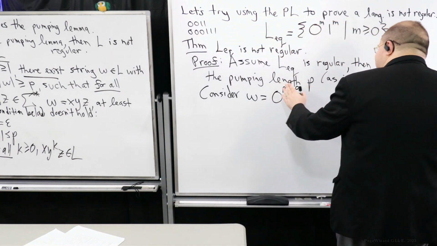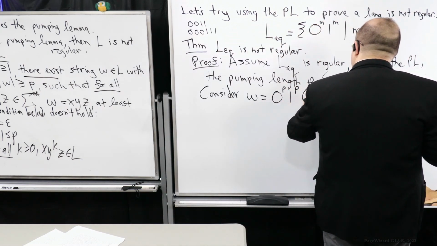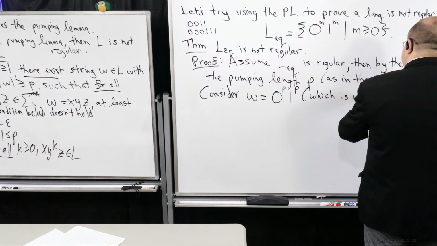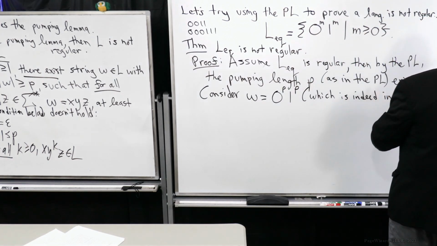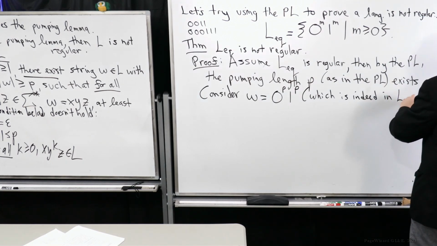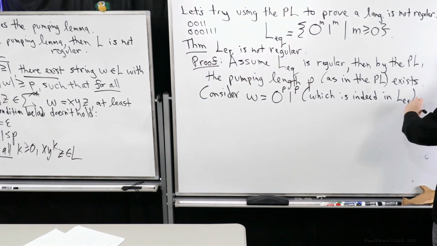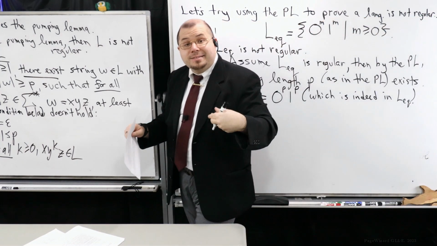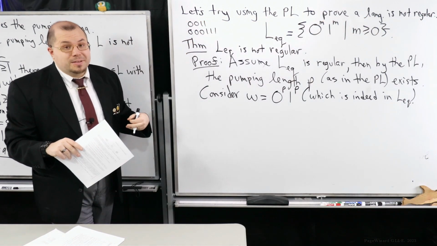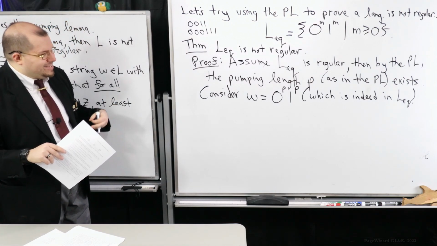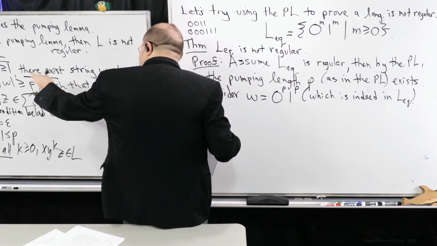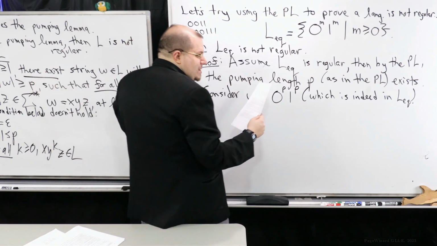Remember that this is indeed in LEQ. Now, remember, the string has at least the pumping length in terms of the number of symbols, right? Its length is at least P, which is what we need over here for playing this game of batting back and forth, okay?